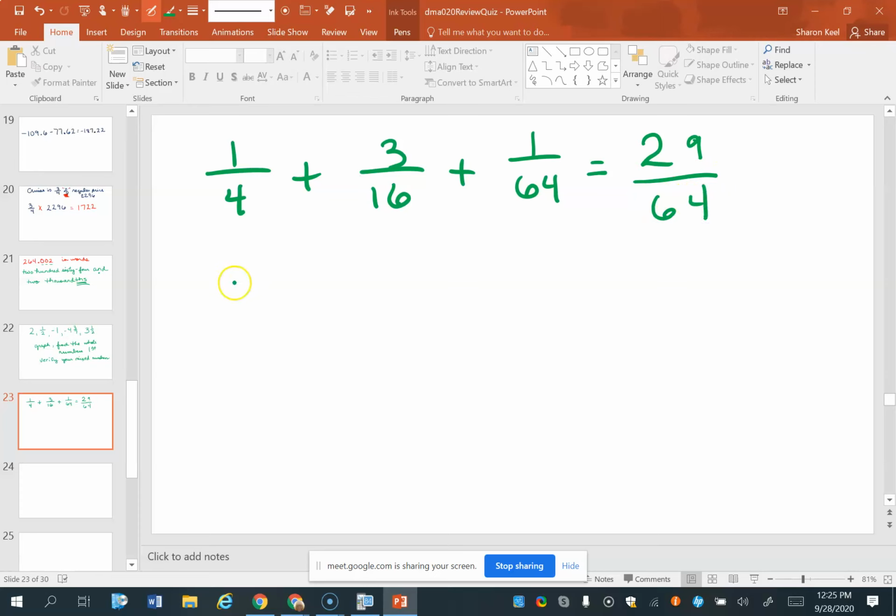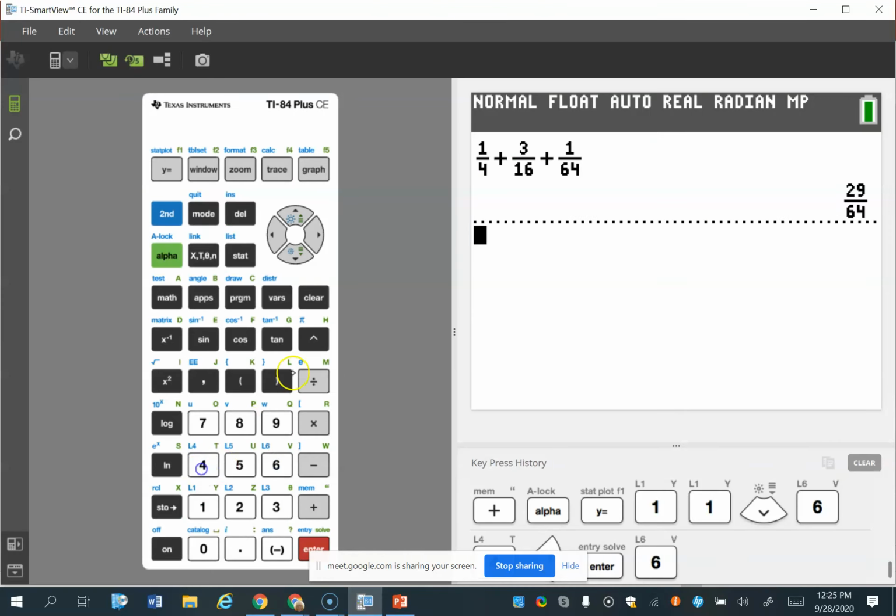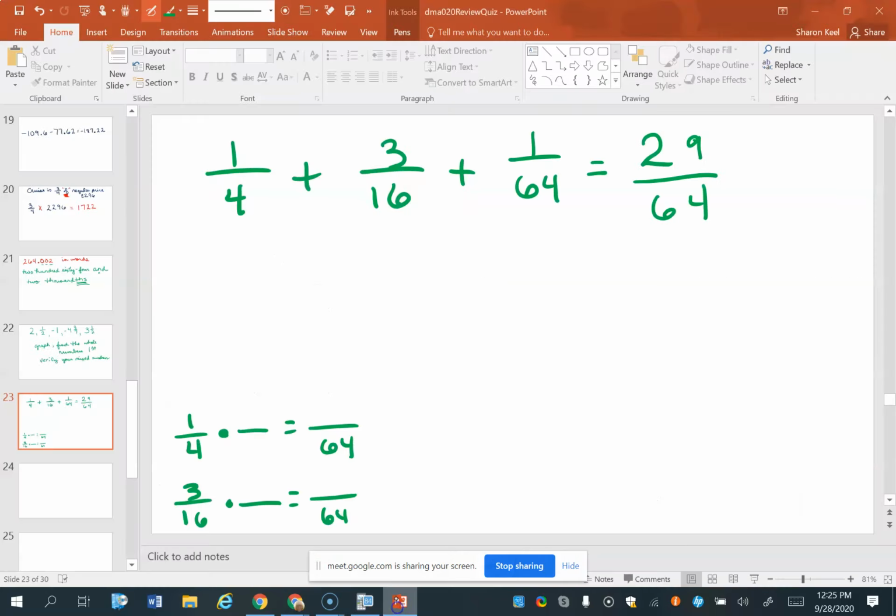If we did this longhand, we would take each of these, and we would need to create the first two. We would take the 1/4, figure out what do you multiply to get 64 as a denominator, and you would take the 3/16 and figure out what do you multiply to get 64 as the denominator. Okay, so if you do 64 divided by 4, you'd have to multiply by 16.